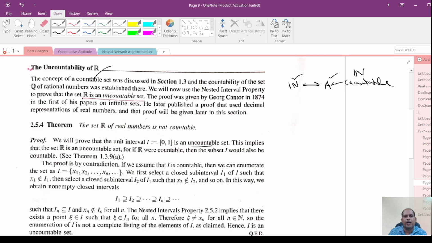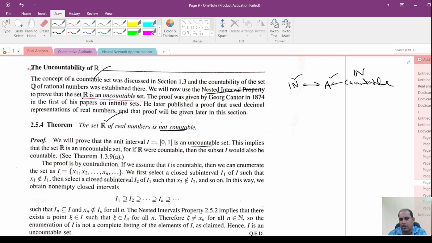Now we need to show, using the nested interval property, that the set R of real numbers is not countable. The algorithm is that, by contradiction, we assume that the given set is countable.